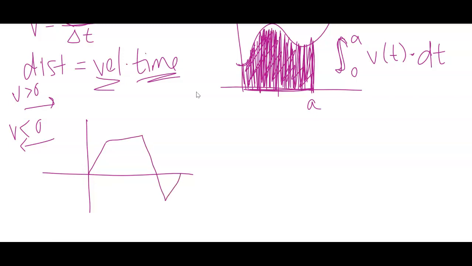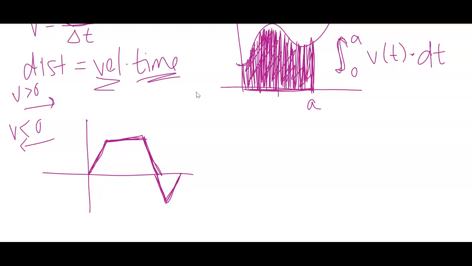Okay, so velocity, I'm moving to the right, I'm moving to the right, I'm moving to the right. Velocity is constant, so there's no acceleration. Then maybe I'm slowing down to 0, and then maybe I'm turning around for some reason. Okay, so that's kind of the concept of what's going on here with positive and negative.